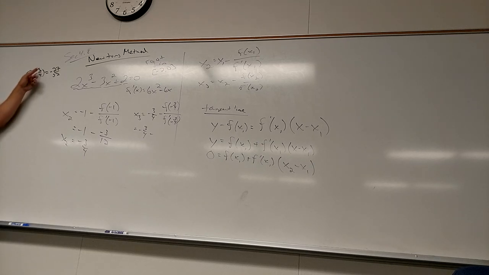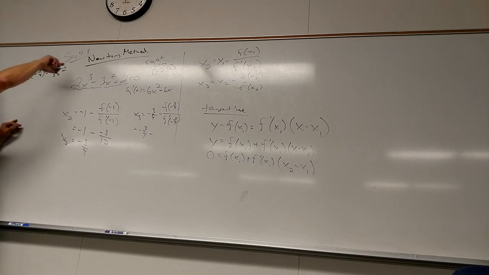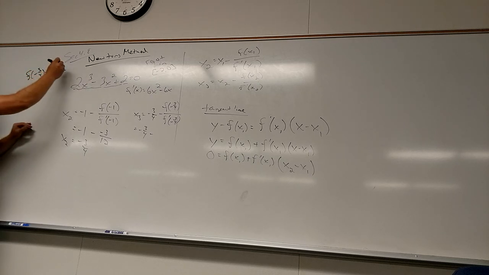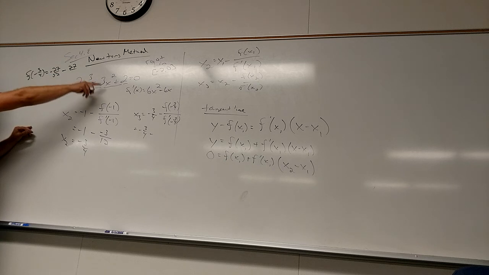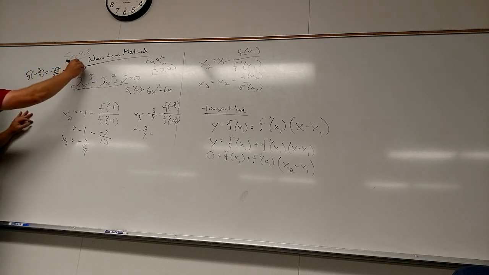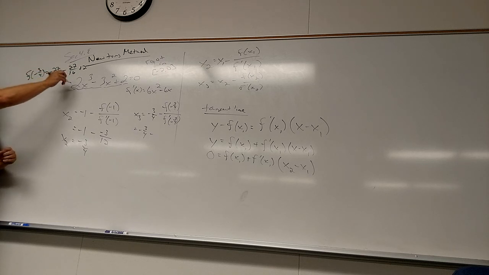Cube this, you get 27/64 negative times 2, so you just cut the bottom in half. Minus 3 times this thing squared, so you get minus 9 times 3, so that's going to be 27 over 4 squared, 16, plus 2.